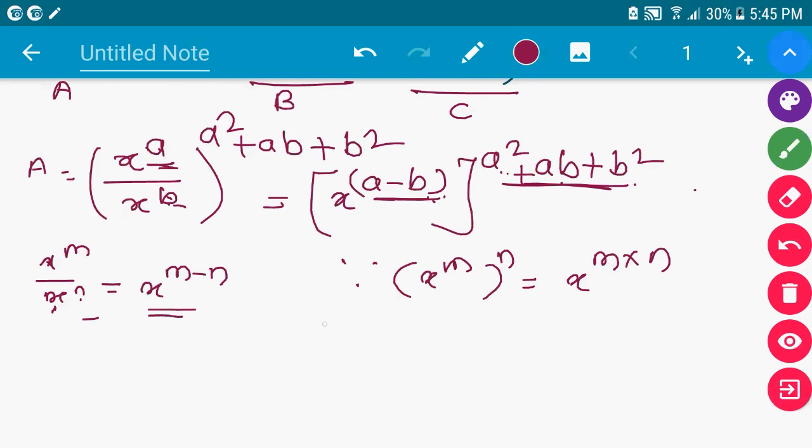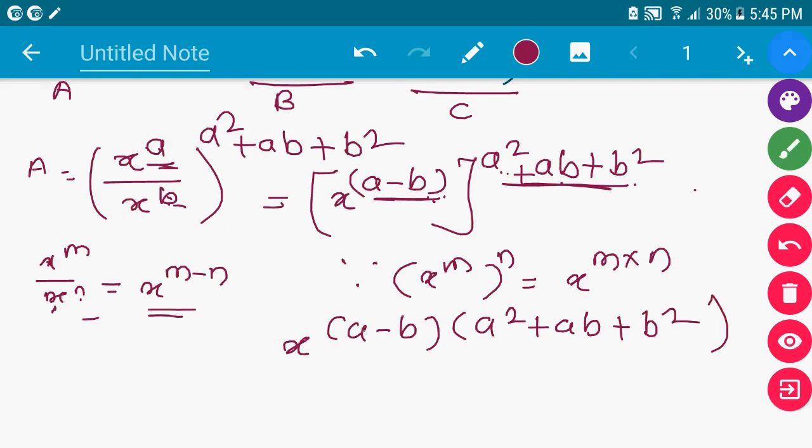So it becomes x raised to a minus b multiplied by a square plus ab plus b square. Now here we have to multiply this a to a square, this a to ab, this a to b square, and again this b to a square, ab and b square. Now multiply one by one.